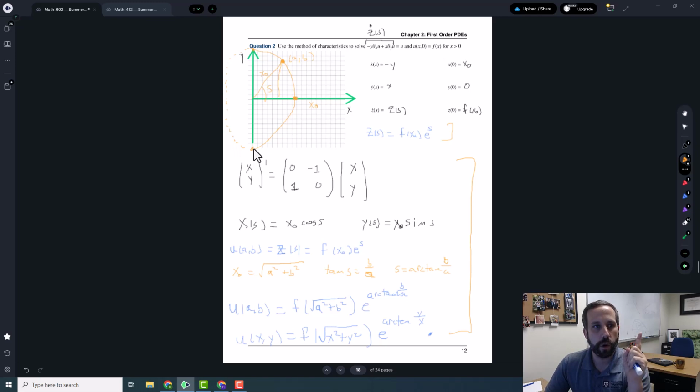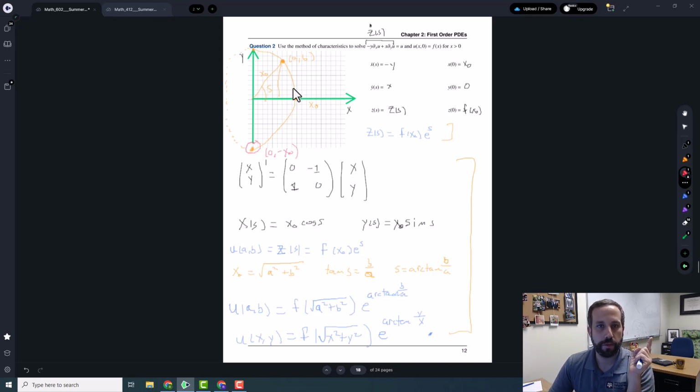But notice there's going to be something very interesting that happens, because what's going to happen when I go around the circle this way, and I get to this point right here? So this point is going to be x is equal to 0 and y is equal to minus x naught. So here's the big problem that's going to happen.